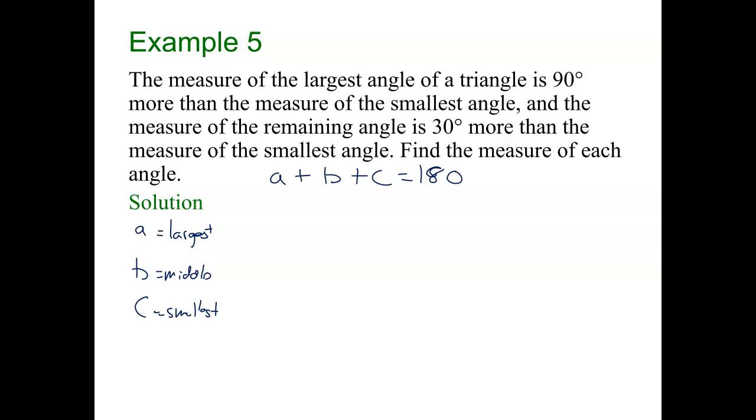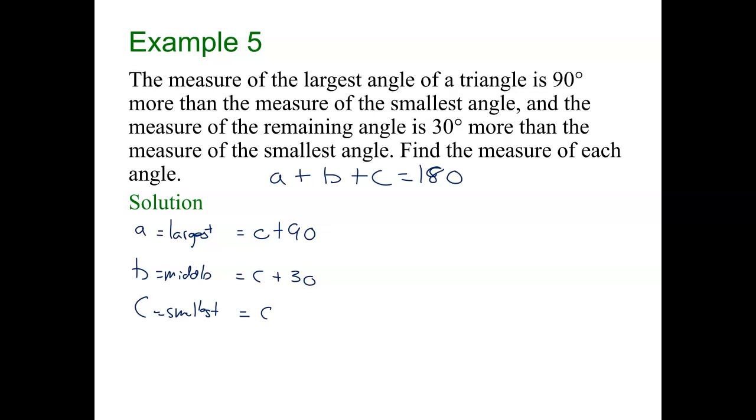What expression could I use to represent that? C plus 90. The measure of the remaining angle is 30 more than the smallest: C plus 30. And the smallest is just C.